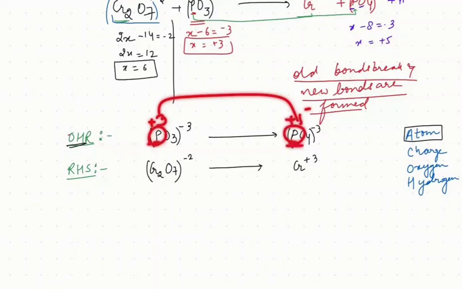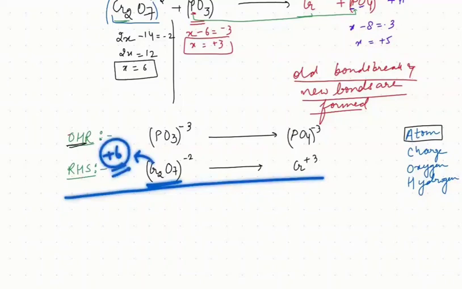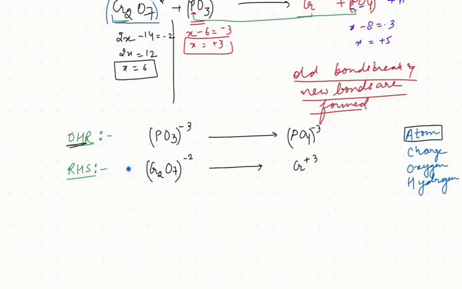Hence, the phosphorus atom is balanced. Next, we come to the state of Cr2O7, the reduction half reaction. We calculated that any chromium that comes out as a part of Cr2O7 is Cr +6, and it becomes Cr +3.